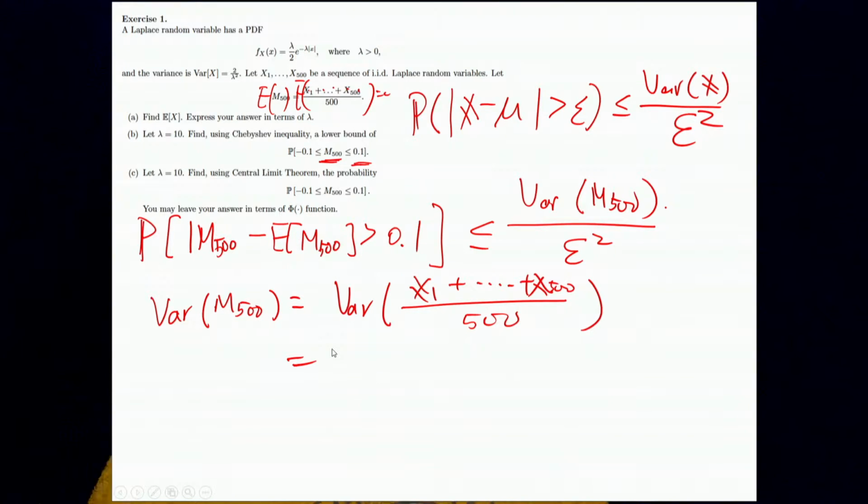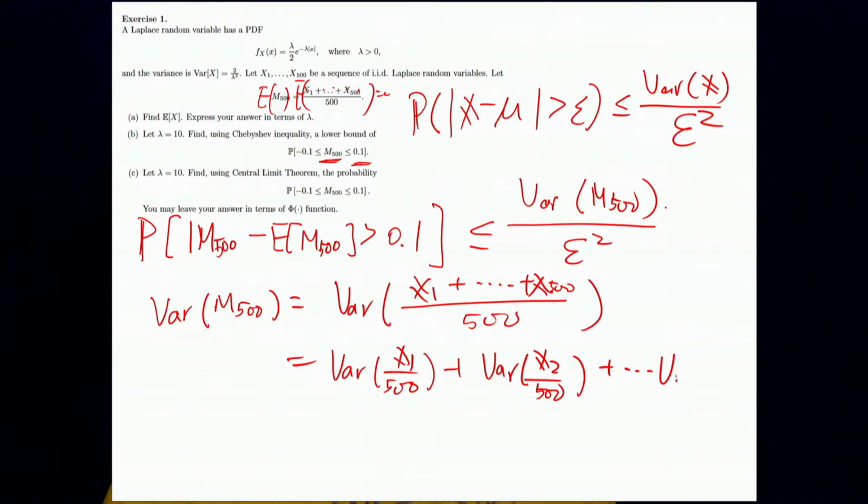And since they are IID, it's the variance of X1 divided by 500 squared, plus the variance of X2 divided by 500 squared, plus up to the variance of X500 divided by 500 squared, and this is 500 times the variance of X over 500 squared.